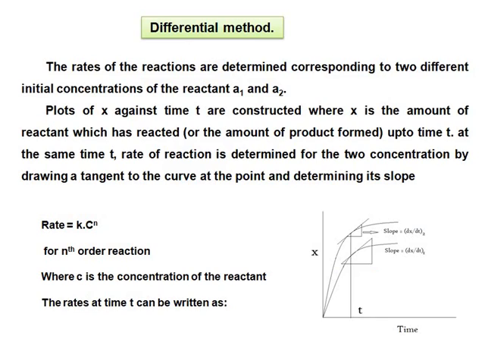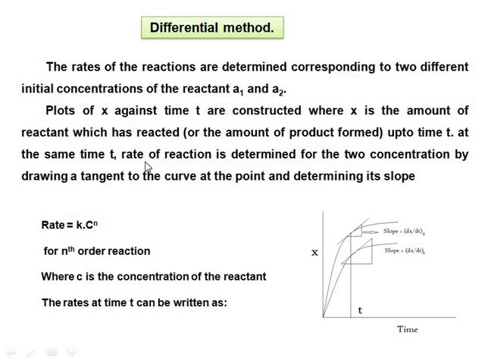In this method, the rate of the reaction can be determined corresponding to two different initial concentrations like A1 and A2, by plotting the graph of x against time t, where x is the amount of reactant which has reacted or the amount of product formed up to time t.